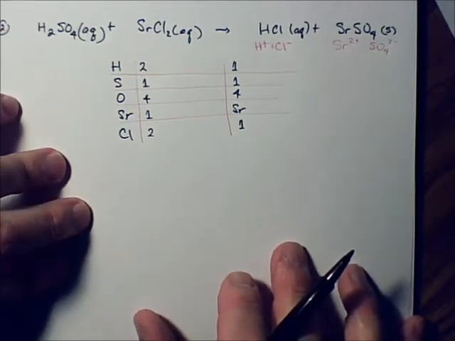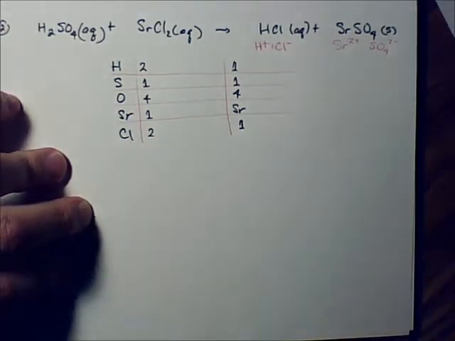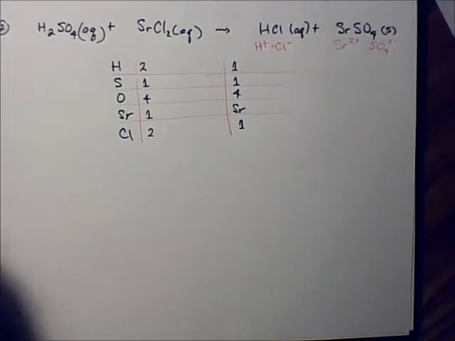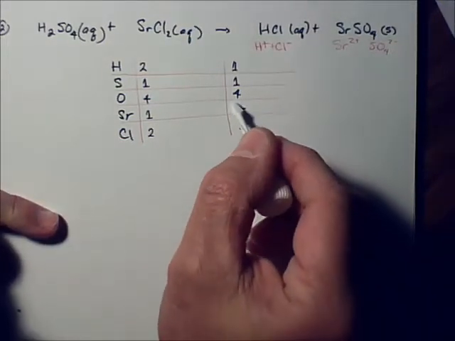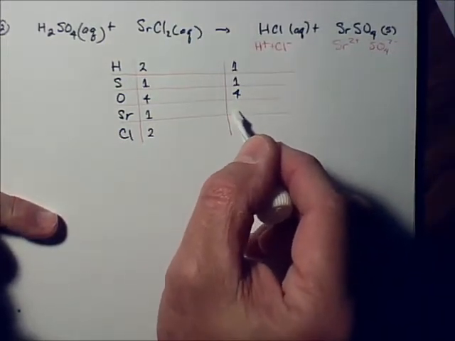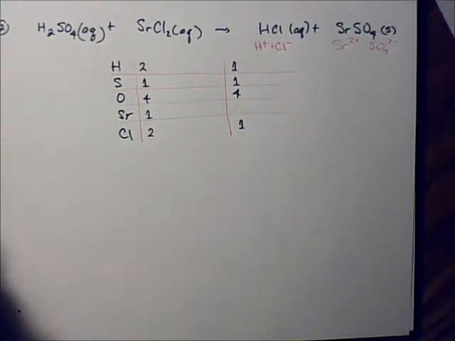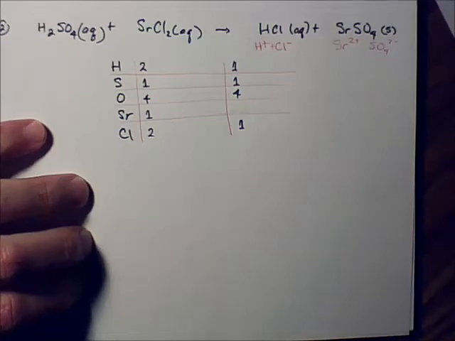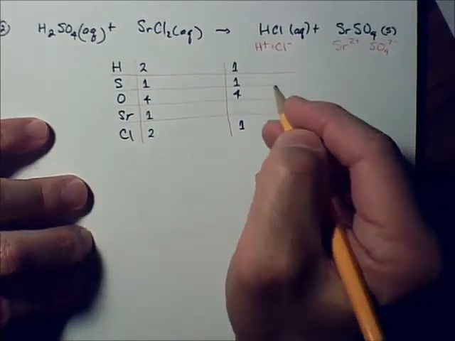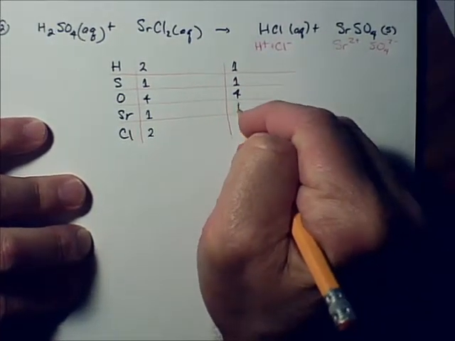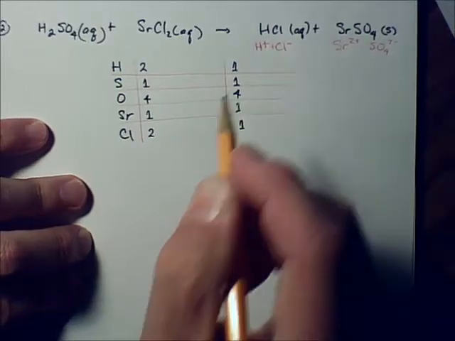Oh, gracious, help me. Okay, you're right. It should be 1 strontium, not the symbol strontium. For some reason, I've been doing that a lot this year. I don't understand why I did it, but I did it. So 1 strontium.